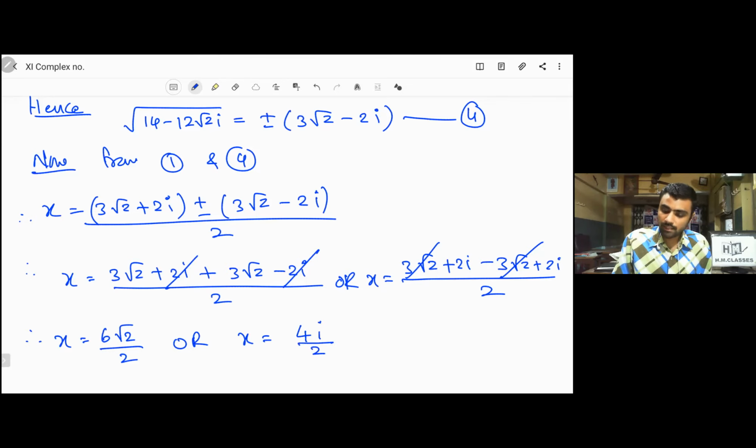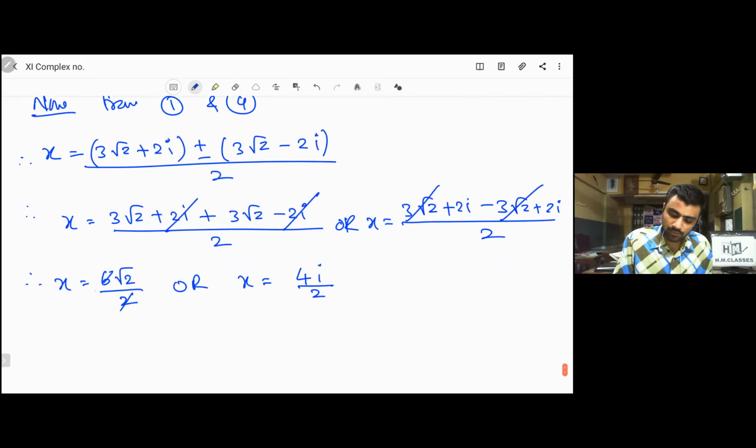Cancelling the 2, therefore the x value is equals to 3√2, or x is equals to 2i, which is the final answer of x.